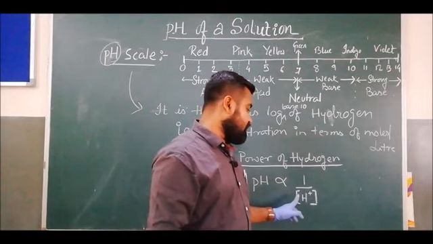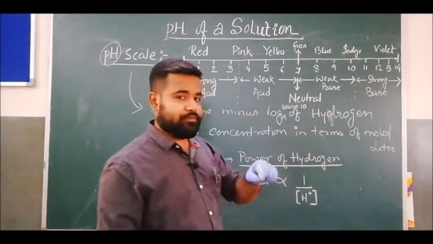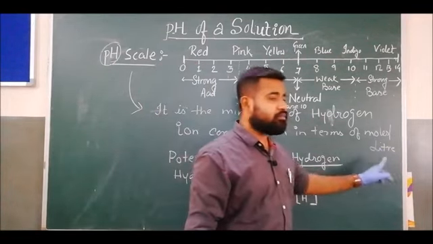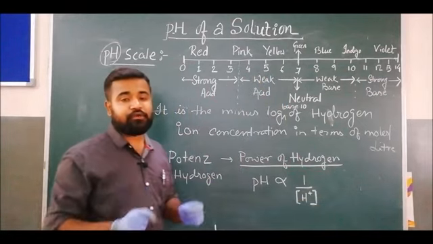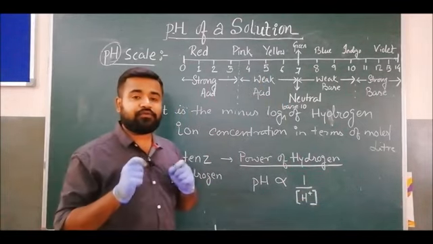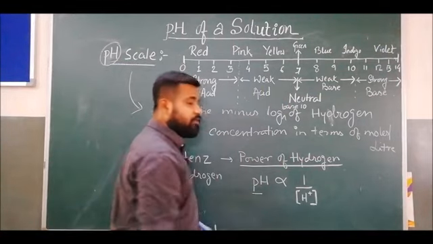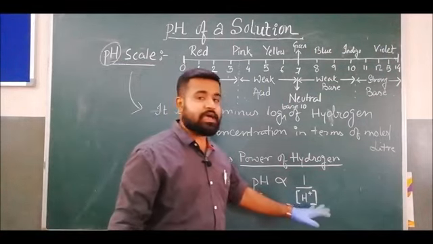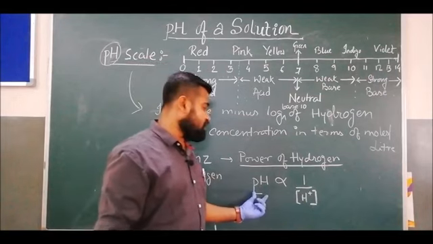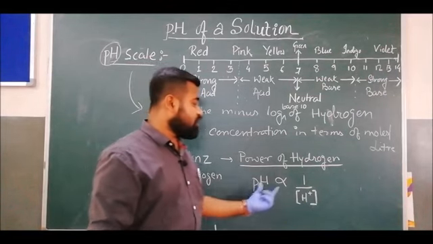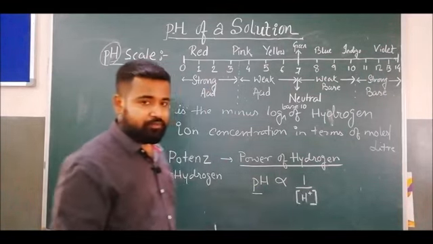So H plus ion concentration, the unit is moles per liter, meaning the number of moles of hydrogen ion per liter of solution. And the concept is that pH is inversely proportional to H plus ion concentration.